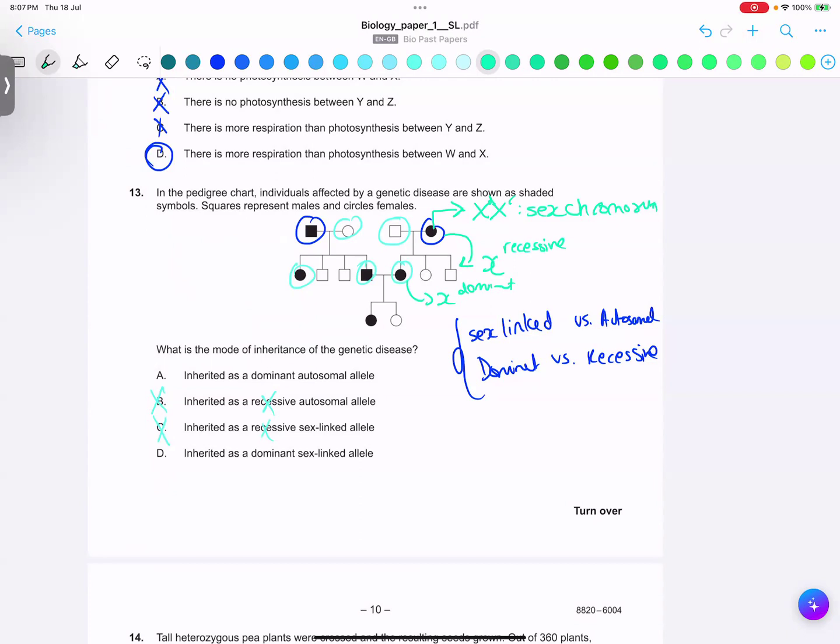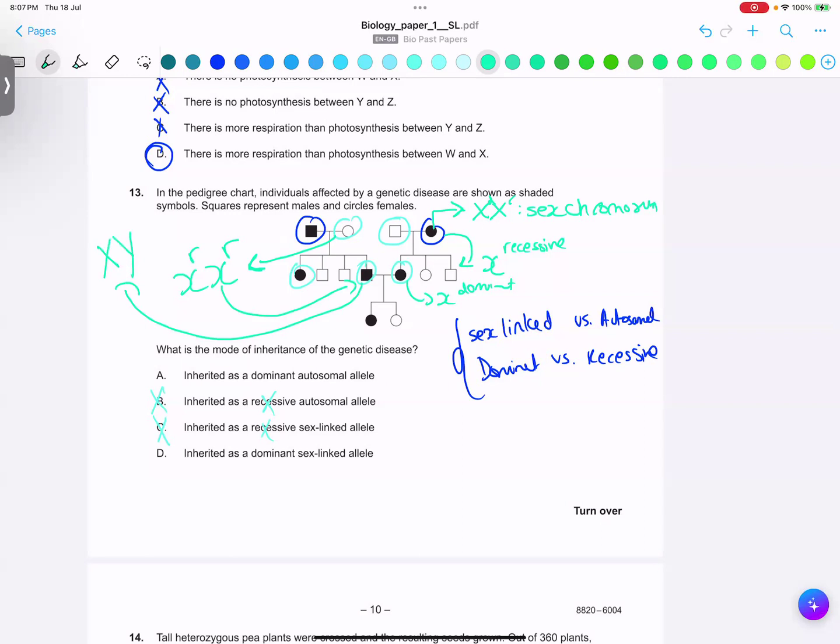But for the male, it's quite different. Why? Because here, the mother is X, X, so we do know that she has recessive, recessive. But she has to give her son one of her X's, because her son has sex chromosomes of XY.